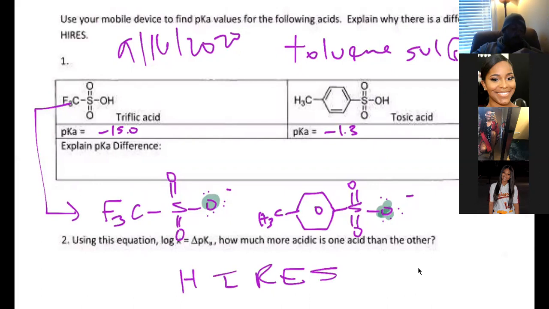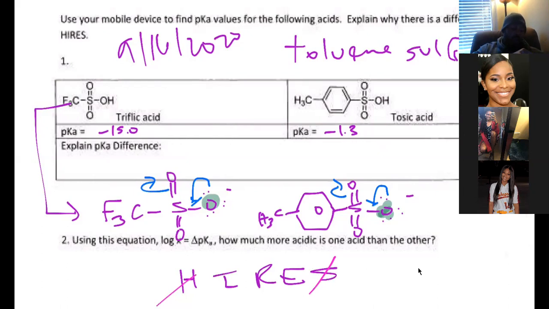Size. We can rule out size. I agree with that. And hybridization. Both of them are sp3 hybridized. Resonance too. They can both do resonance, and they both have the same number of resonance forms. Let's show that. So we can do this and this. Is that right? On both? Yes.